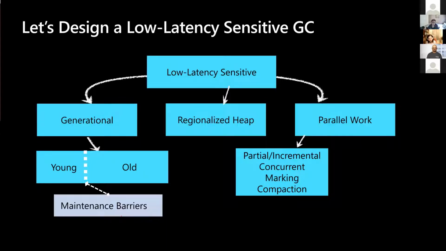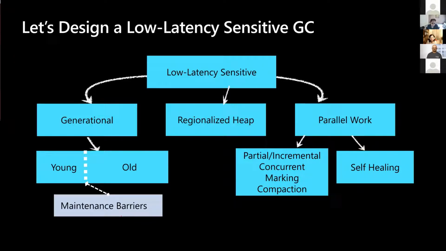But because I am really sensitive to the stop the world pauses, I am going to make these partial incremental compaction concurrent. So now I not only have my concurrent marking, but I also have my concurrent compaction. And then I mentioned the self-healing nature, and so I'm going to add that here.